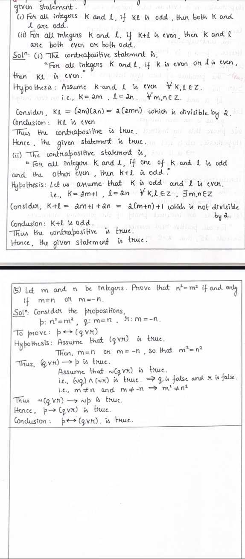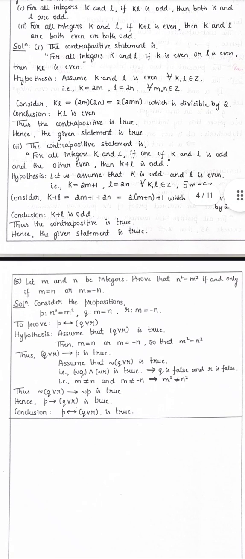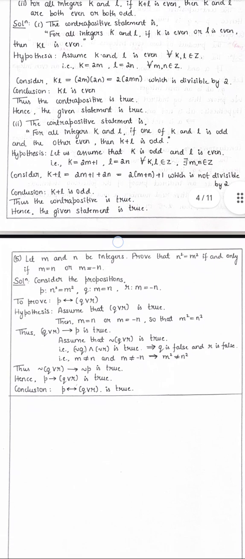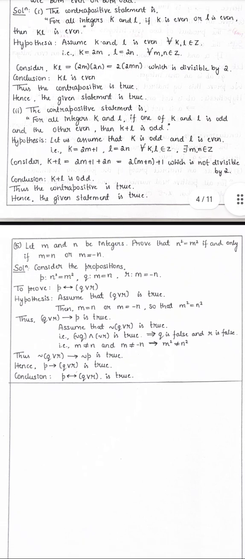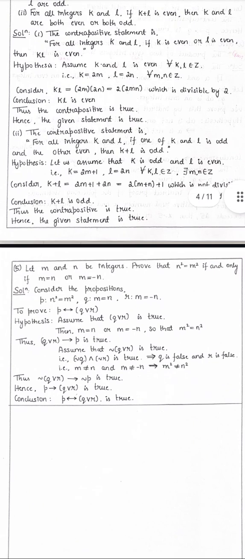The contrapositive statement for this is: for all integers k and l, if one of k and l is odd and the other is even, then k plus l is odd.